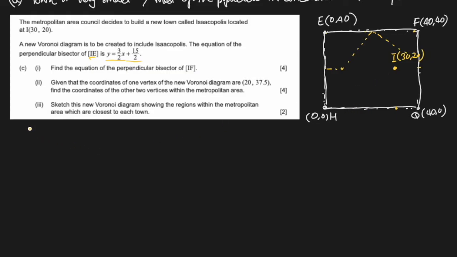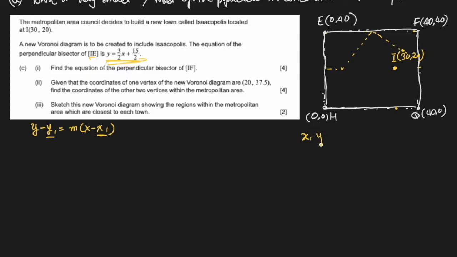To find the equation of any line, we should have y minus y1 equals m times x minus x1, or y equals mx plus c like they have done here, but I will prefer this one. Here x1, y1 are the coordinates of a point on this perpendicular bisector, which will include the midpoint of IF. This is I, this is F, so the midpoint will be somewhere here. So let's find x1, y1.